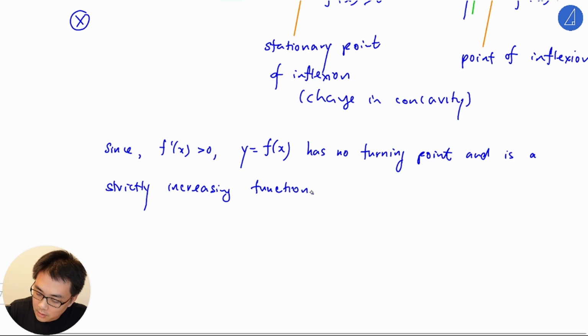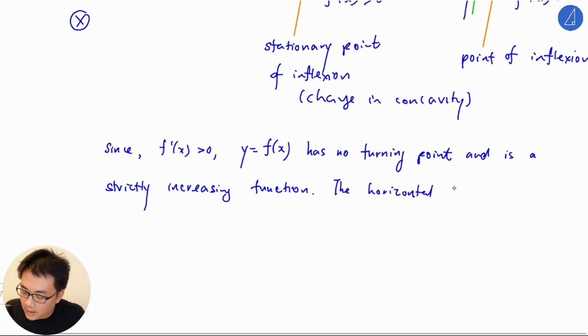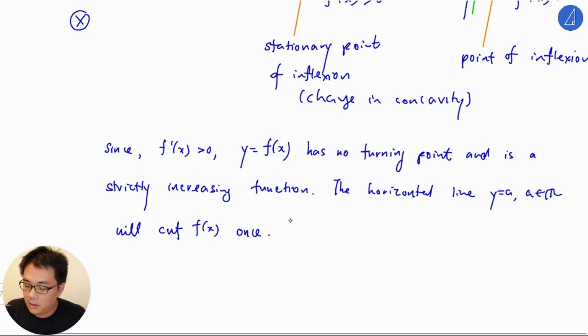This is how I write, you don't need to write like how I write, but this is the gold standard. It means that the horizontal line, I give a generic line just like the one-to-one test, y = a, will cut f(x) once.